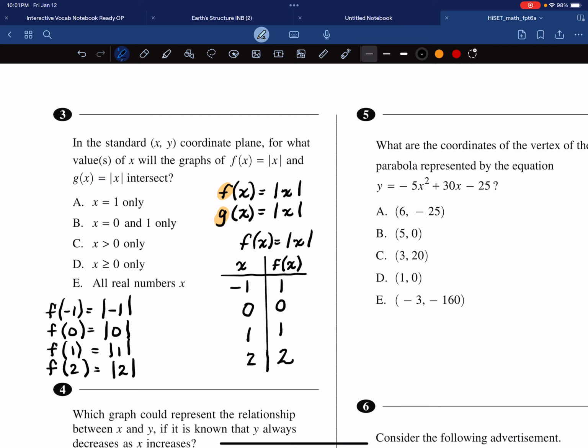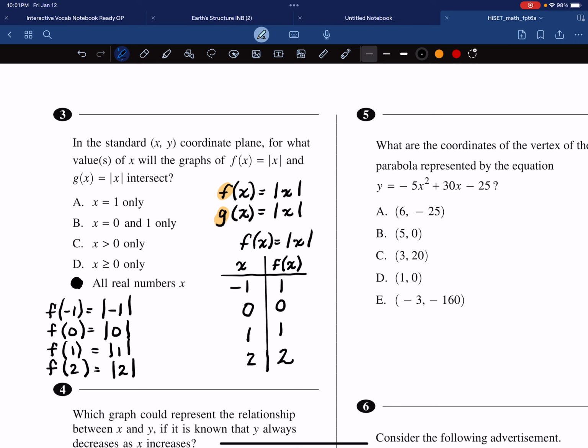So it doesn't matter what I plug in for x, for the input, the output will be the absolute value of that number. It works for 1 and 0, but it also works below 0 and above 0. So I'm going to go with E on this one.